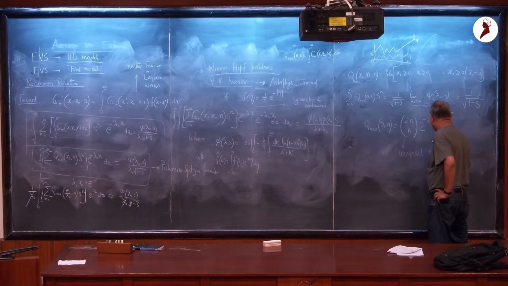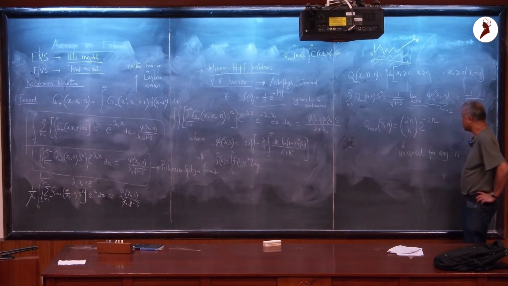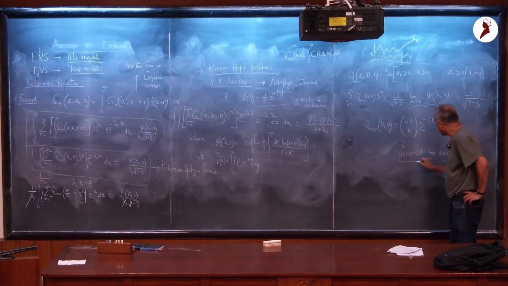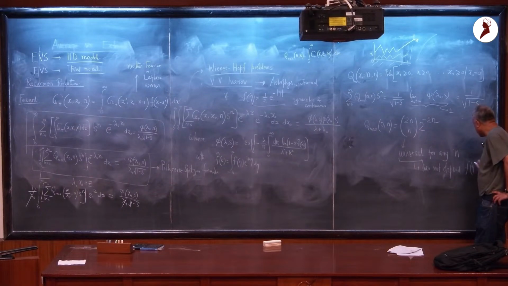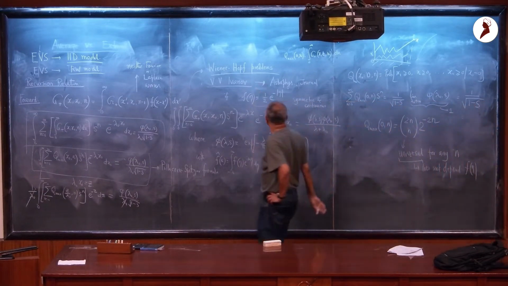So it's a very rare result that is universal for any n. Universal in the sense that it does not depend on the jump distribution, as long as f of eta is symmetric and continuous. So I can take uniform, exponential, or Gaussian, whatever.